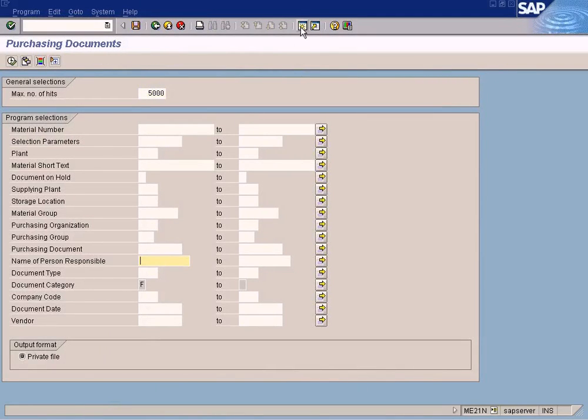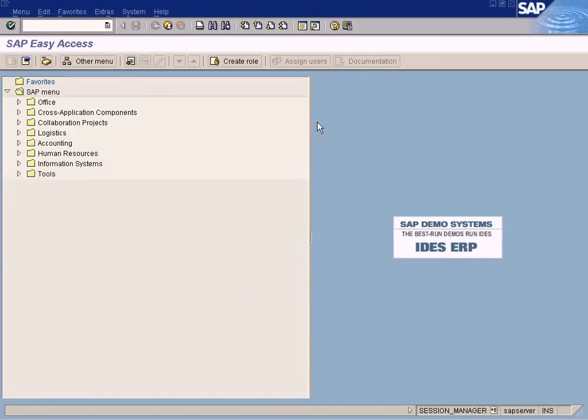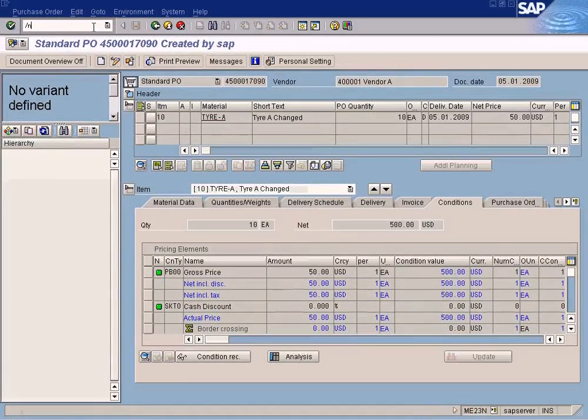Let me pull out the existing purchase order, ME23N, and copy this.